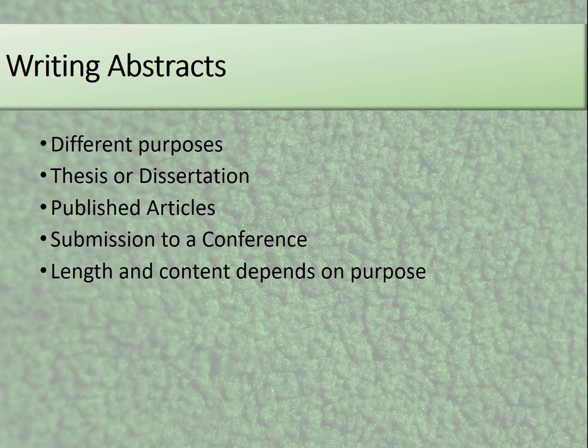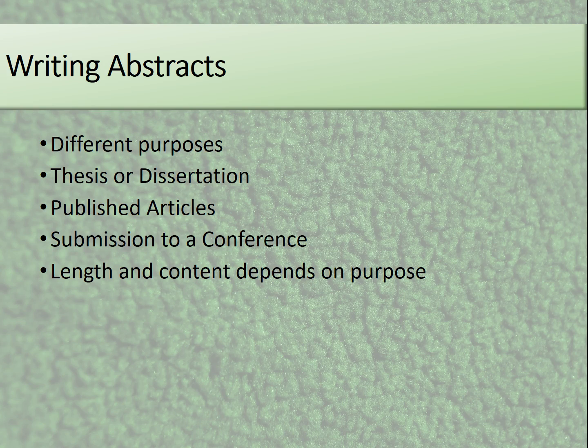Whether you are writing for a journal, using the chapter or journal format for preparing a thesis or dissertation, or readying a conference paper, you need to include an abstract. Abstracts serve different purposes: thesis or dissertation, published articles, submission to a conference. Length and content depend on purpose.